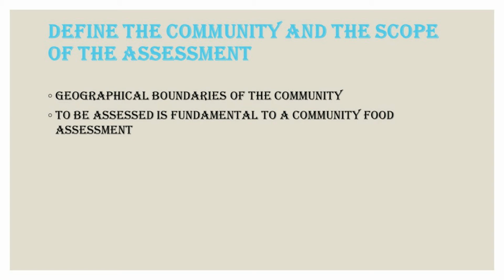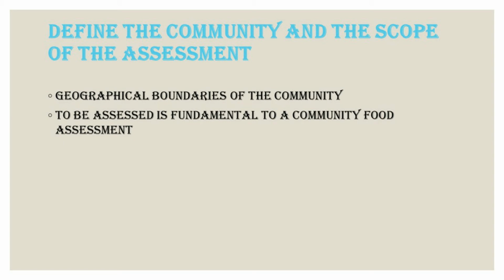Defining the geographical boundaries of the community to be assessed is fundamental to the community food assessment. Will you be assessing an entire country or a smaller urban neighborhood? If conducting a community food assessment or food security assessment, consider the parts of the food system to be examined. Is the study wide-ranging, linking aspects of the food system to health or sustainability?